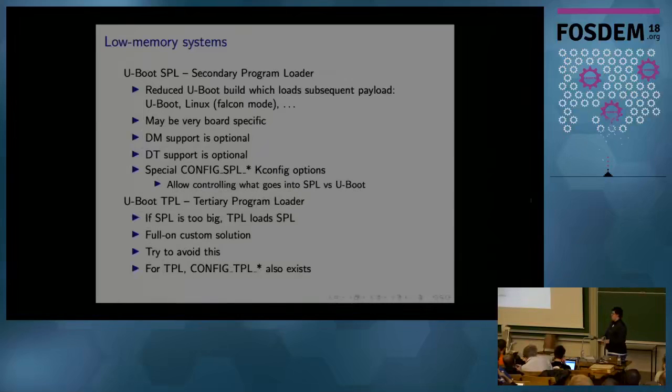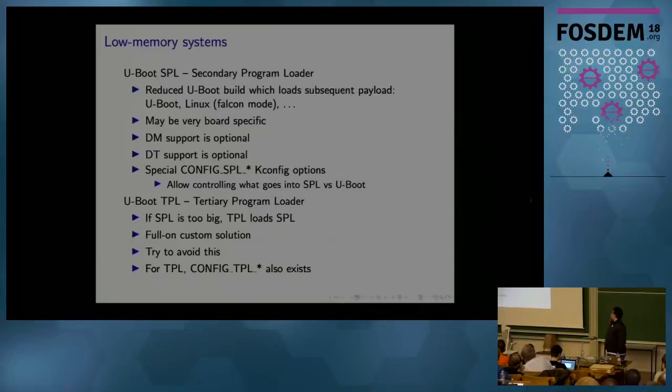It starts up, copying the rest of the content of the flash into the CPU's SRAM, which will then be the U-Boot SPL. If you can avoid the TPL, that would be perfect because this is super weak. And again, you can configure the TPL separately, so you can have those three and configure them separately.